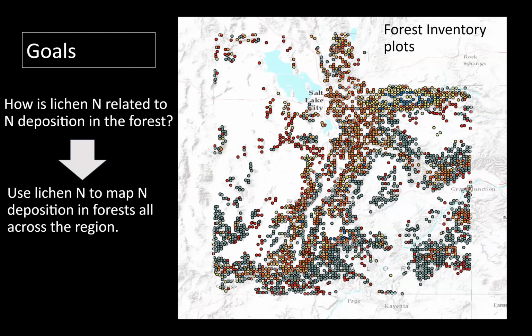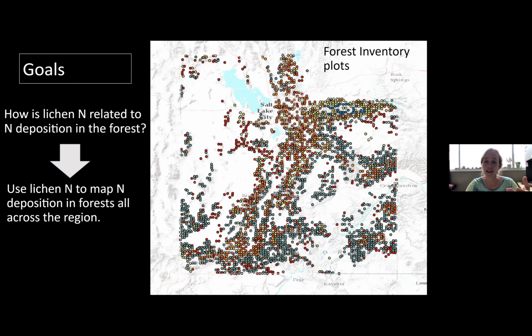They're on a 5-kilometer grid, and technicians go out and measure these every 10 years. So my thinking was, if they just grabbed a few lichens when they were out there, and we knew how lichens were related to air quality, then we would have this beautiful map of how nitrogen was landing in our forests across the state. So that was the ultimate goal.